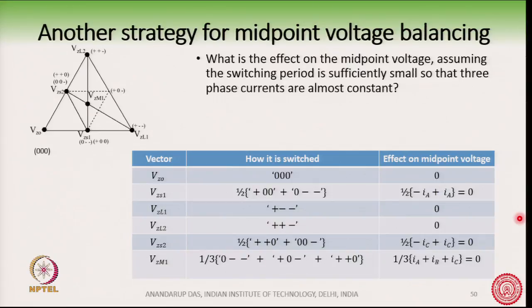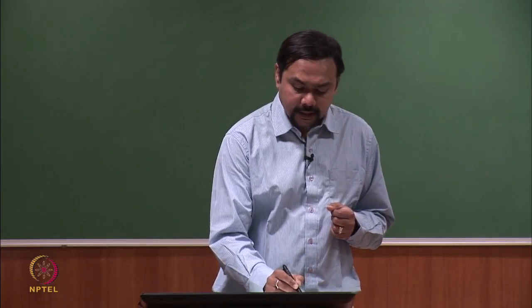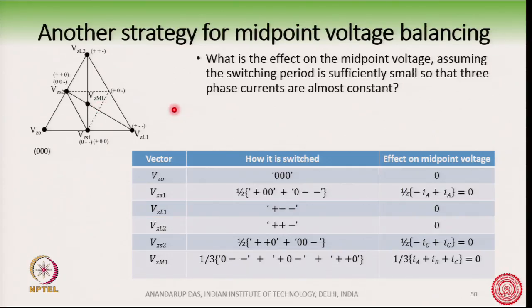So, therefore, we see that if we apply VZM1 or any of these vectors, then we will never cause any fluctuation, or only very small fluctuation, on the midpoint voltage. So, now we are changing the space vector diagram by introducing additional vectors, and the most important one is the virtual vector VZM1.